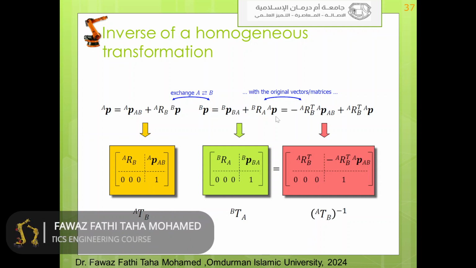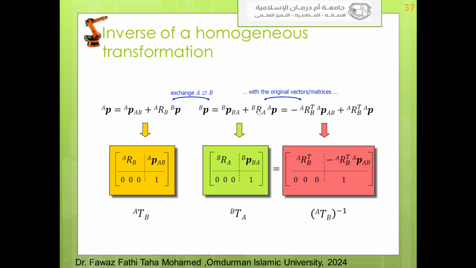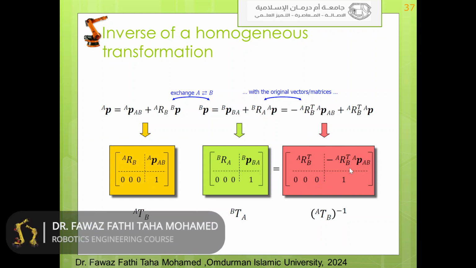Also, I have a PA with this rotation, but I want it in terms of RBA, and as we know, RAB is equal to RBA transpose. So from this expression we can find the inverse homogeneous transformation.